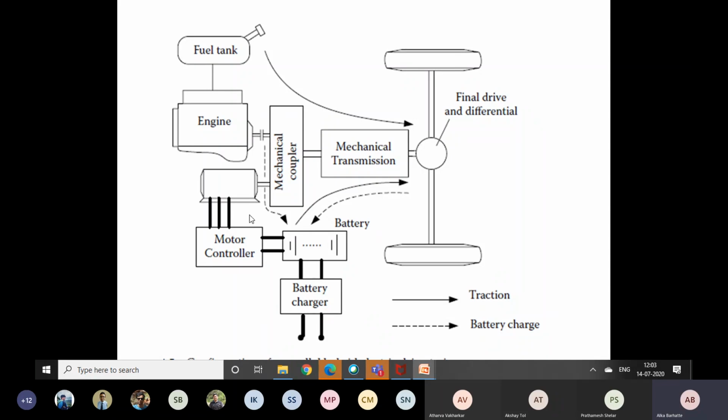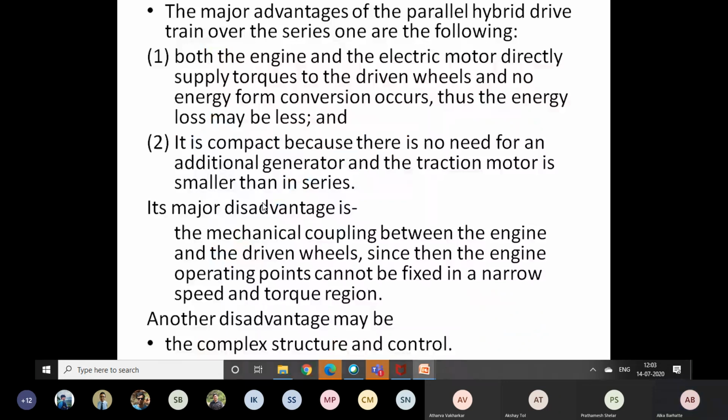Your motor is also directly connected, and because of that the size has been reduced and it has become compact.